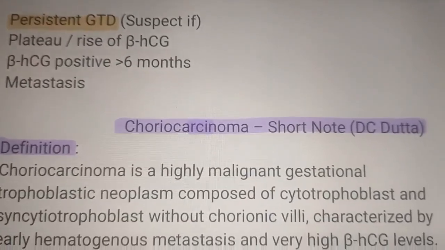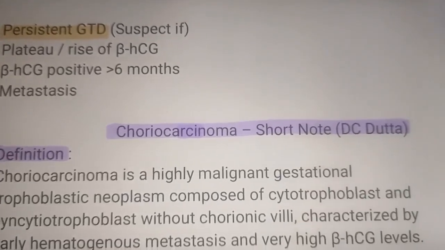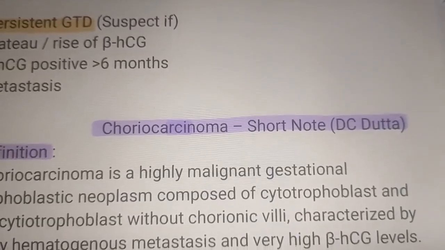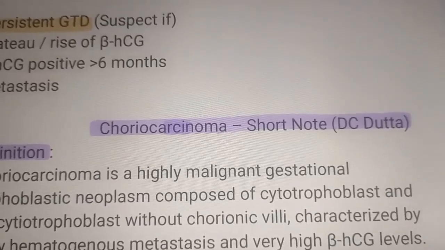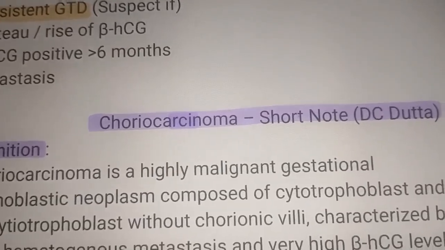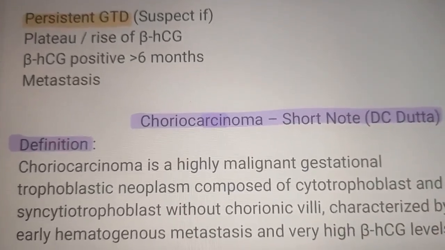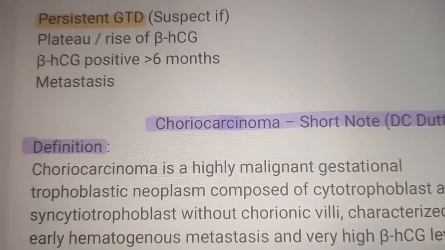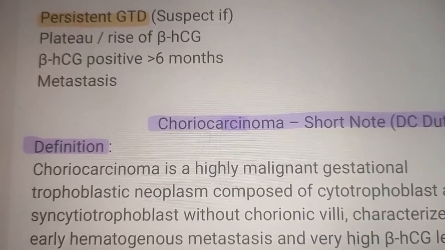There are different types of metastasis, one of them is choriocarcinoma. So we will study about it. The most common is invasive mole, and the second most common is choriocarcinoma.